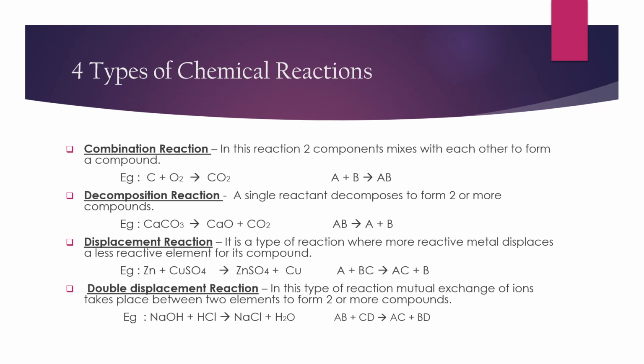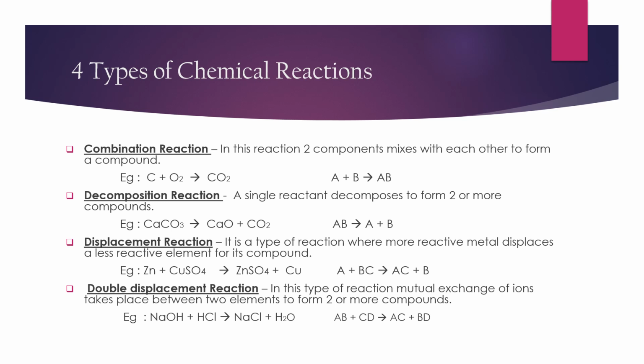Now we are going to see the 4 types of chemical reactions. What are those 4 types? The first one is the combination reaction. In this reaction, two components mix with each other to form a compound, such as carbon plus O2, oxygen, forming carbon dioxide.